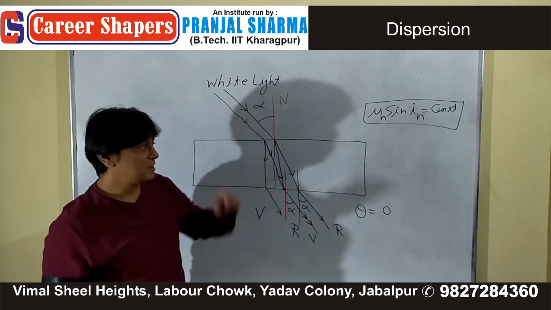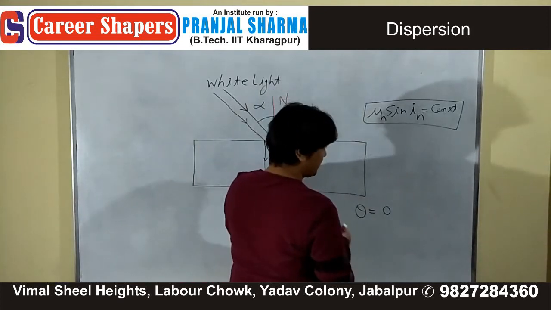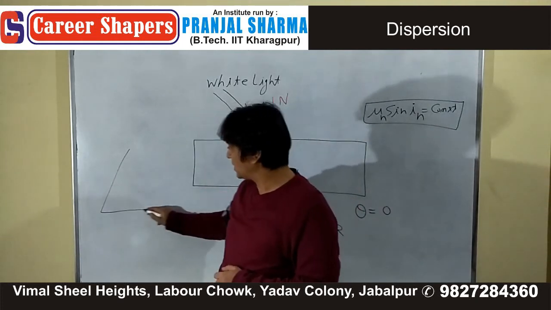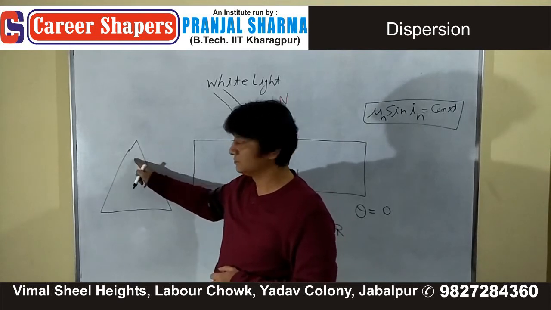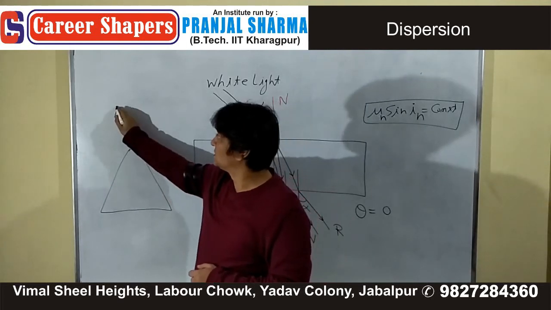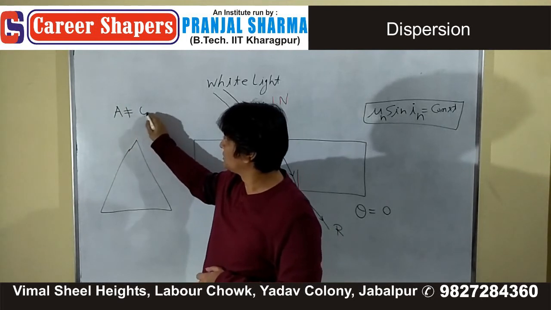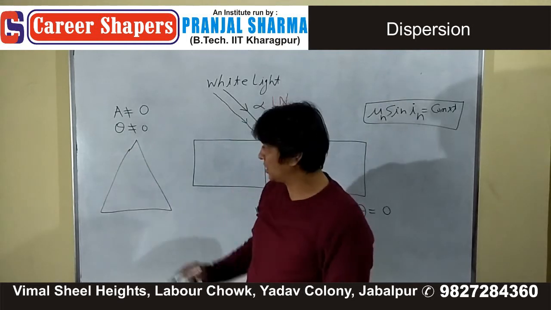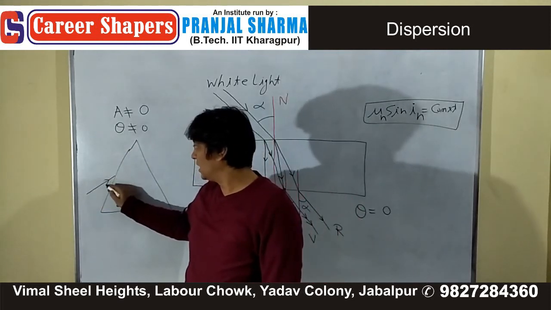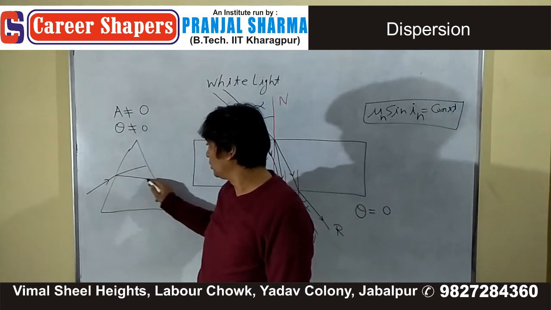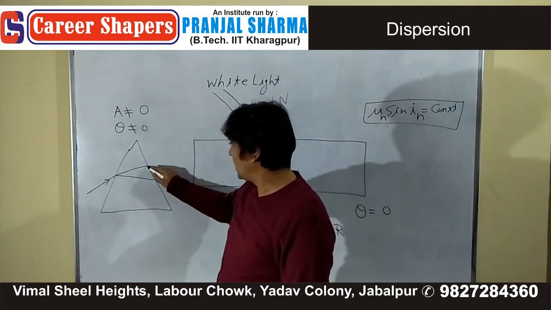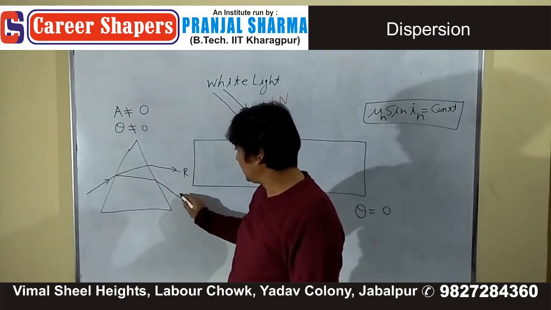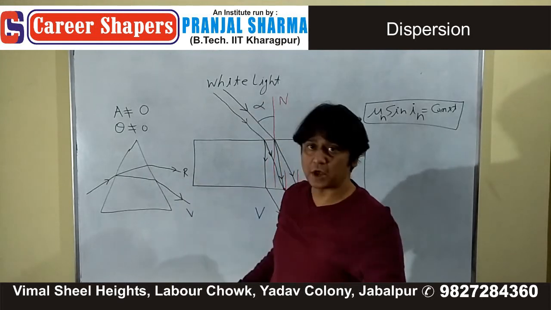When the light comes out from this, you again see what? White. But if you have a prism, then in that prism, because of the presence of A, since A is not 0, theta is also not 0. That means what? This is a ray. Ultimately, you found V and R. But this V and this R, they are not parallel.